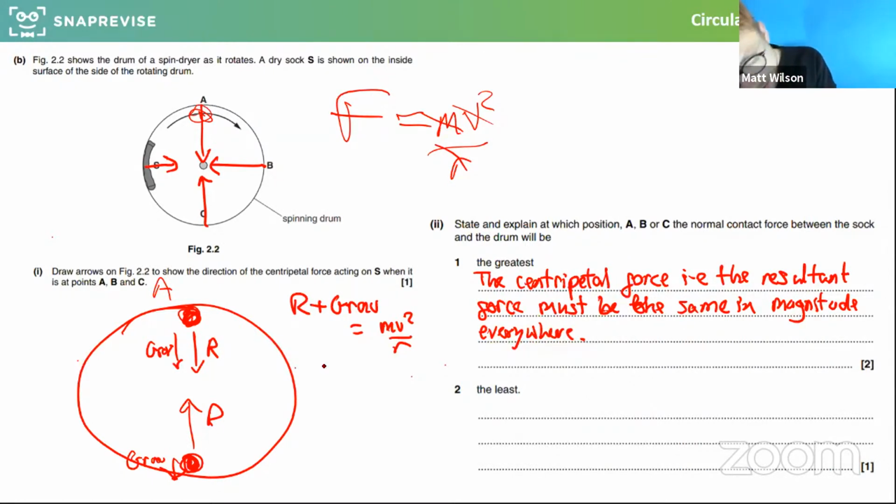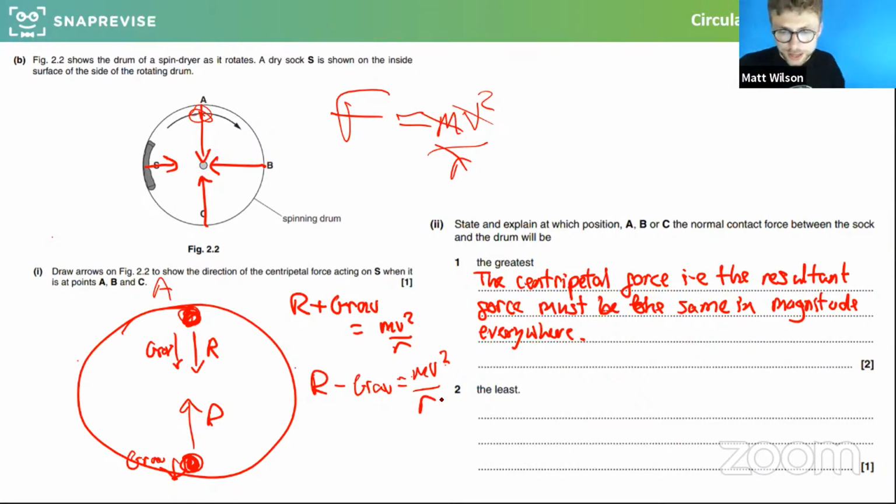So this time we need R minus gravity to be equal to m v squared over r. At the bottom, the reaction force has got to be really big because it has to overcome gravity and then provide that centripetal force. Whereas at the top, because gravity is helping make the centripetal force, the reaction force doesn't need to be as big.